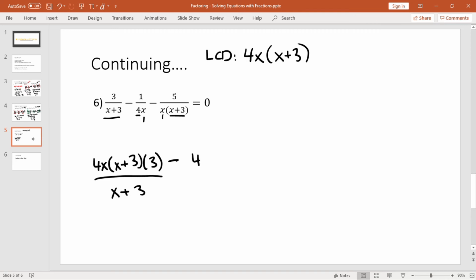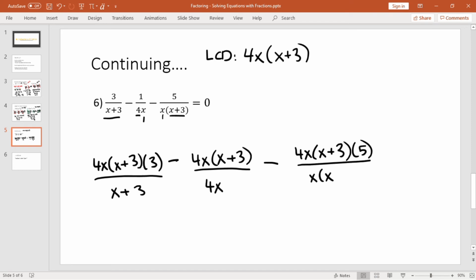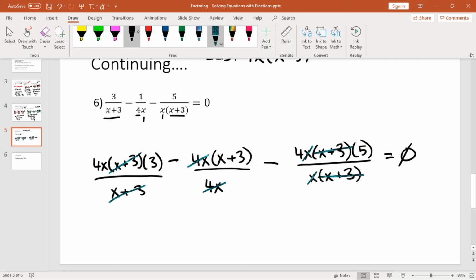Kind of make this one negative sign as big as possible so I don't mess things up. Okay, and then we're minusing 4x plus 3 times the 5 that was already there. And that equals 0. Okay, x and cancel, 4x and cancel, x plus 3, x plus 3. Okay. See what's left.